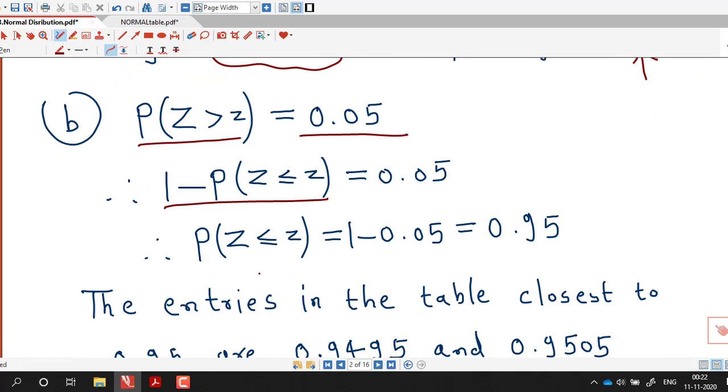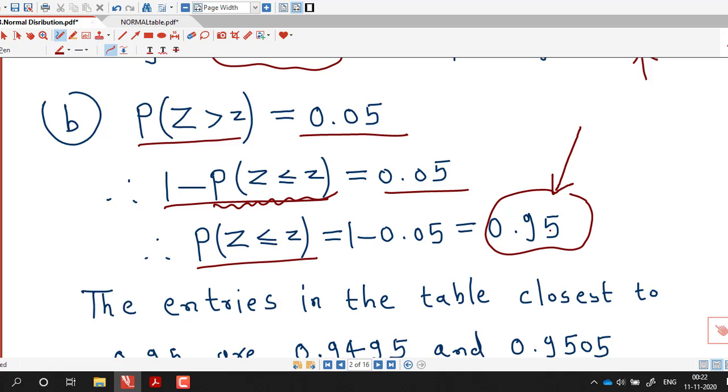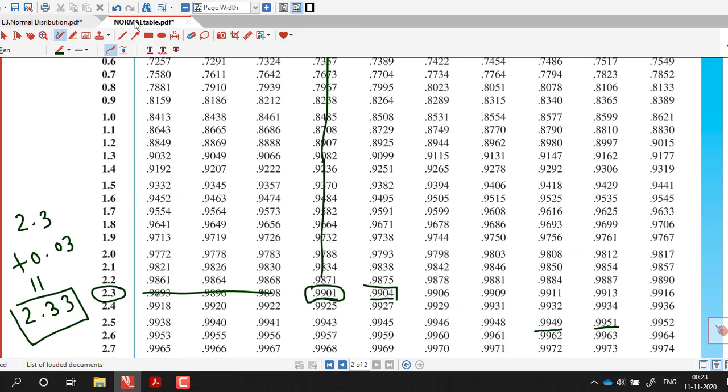And if we take the probability that Z less than or equal to z on the right hand side, we will have this probability equal to 1 minus 0.05 which is 0.95. So again we have to look into the standard normal table. So we look for the entries in the standard normal table which are very near to 0.95. So now we look for 0.95.